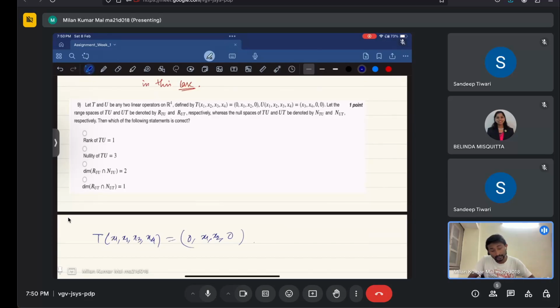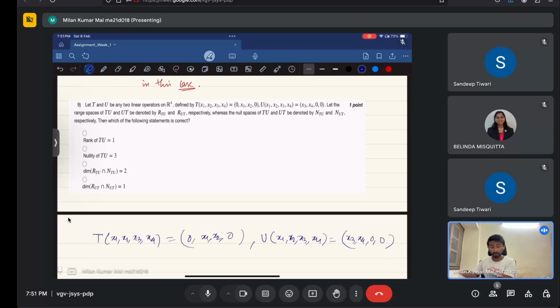And U is another operator given by U(x1, x2, x3, x4) = (x3, x4, 0, 0). Let the ranges of TU and UT be denoted by R_TU and R_UT respectively, and the null spaces of TU and UT be denoted by N_TU and N_UT respectively.